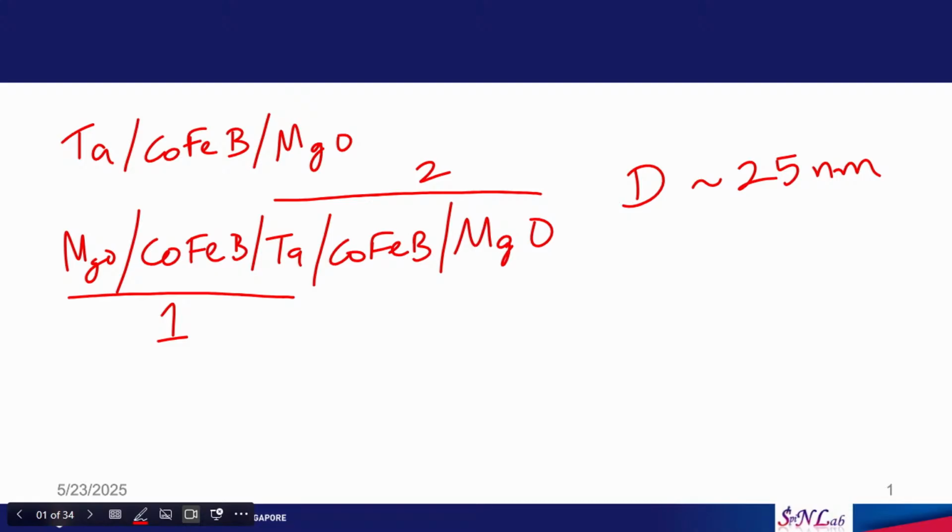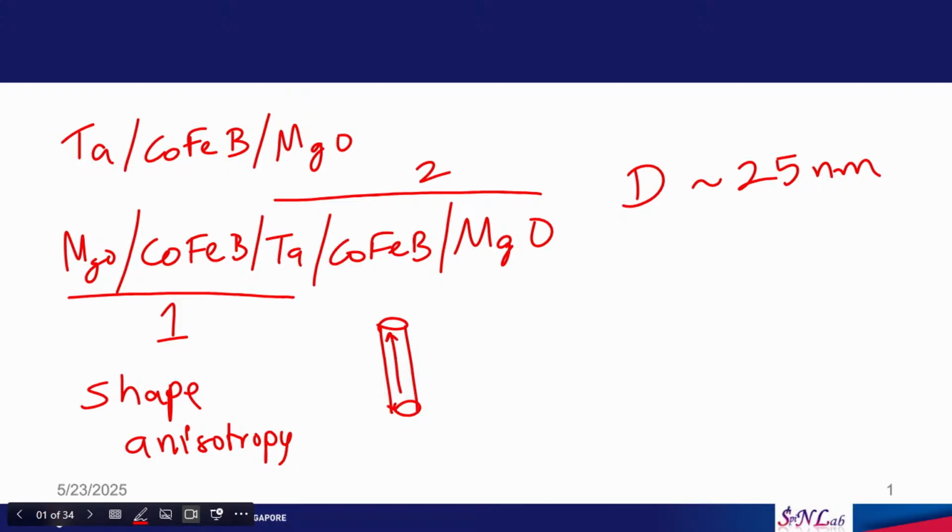After this, people also have started exploiting shape anisotropy. By making MRAMs tall and small, they get MTJs like this. Here, because of the shape anisotropy, the magnetization will point in the perpendicular direction.